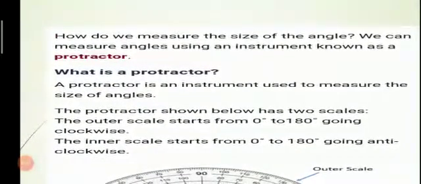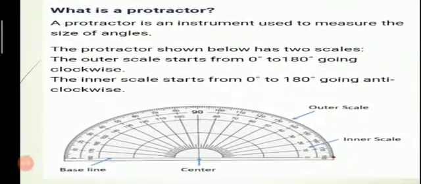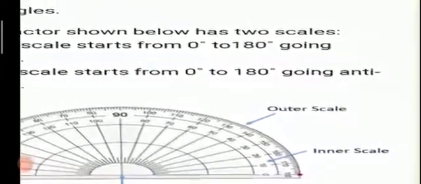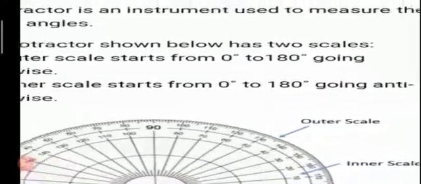How do we measure the size of angles? We can measure angles using an instrument known as a protractor. What is a protractor? A protractor is an instrument used to measure the size of the angles. The protractor shown below has two scales, inner scale and outer scale.